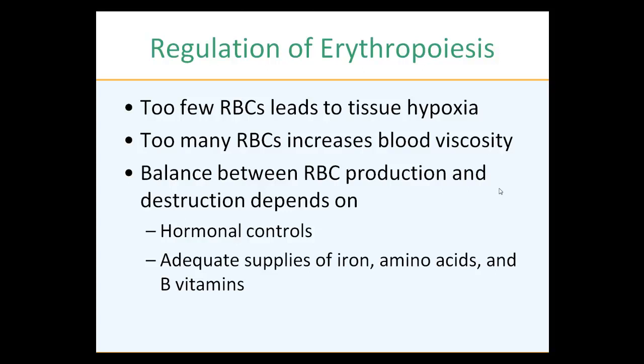If you have hypoxia in the kidney, then it will sense the problem, and it will start synthesizing a hormone called erythropoietin, and the erythropoietin will go to the red bone marrow, and the red bone marrow will start making much more red blood cells.